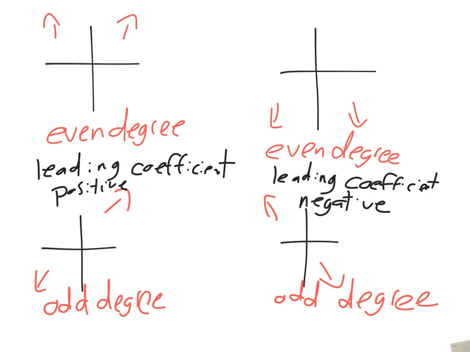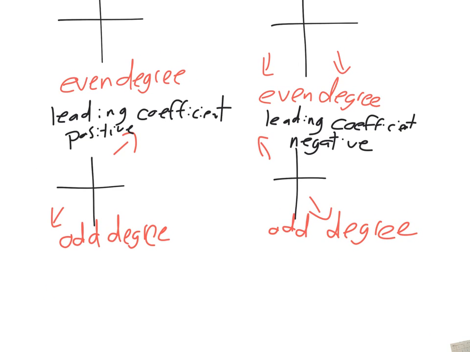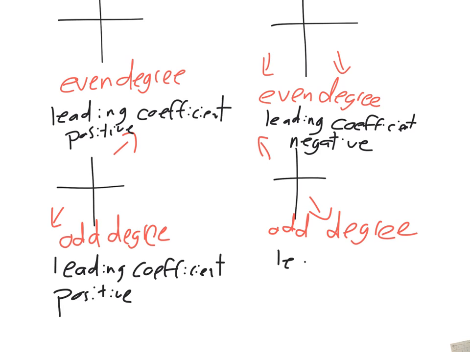So this one here is when my leading coefficient is positive. This one is when my leading coefficient is negative, of a third degree or a fifth degree, seventh degree, any odd degree polynomial. So this would be leading coefficient positive, and this would be leading coefficient negative.